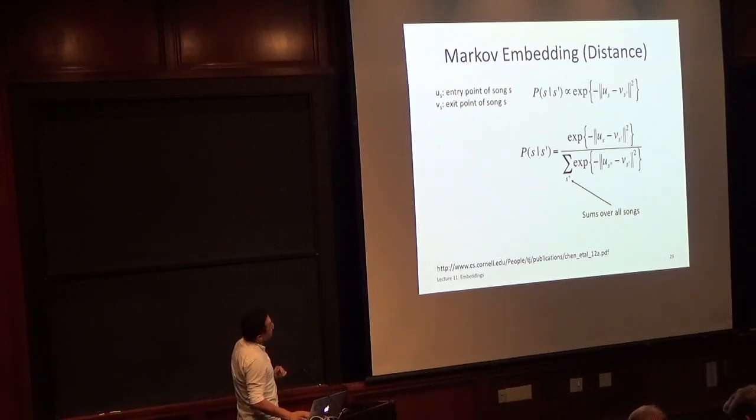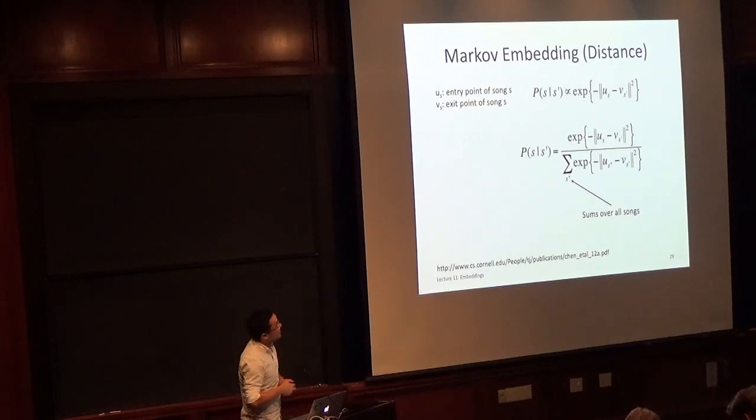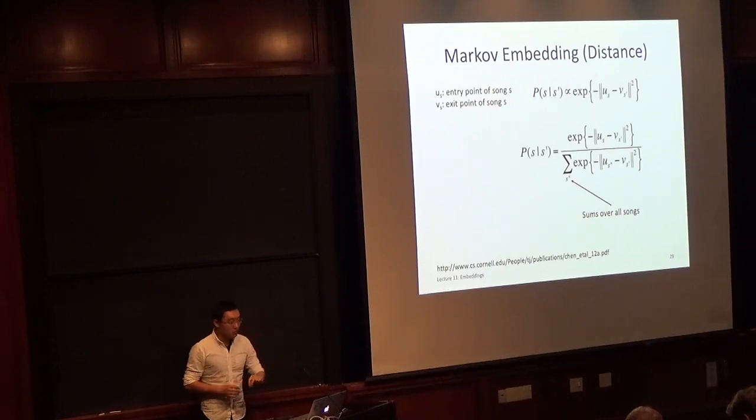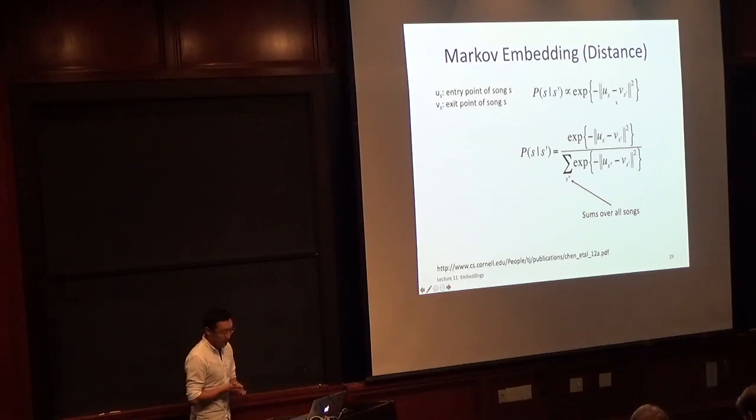The probability of observing song S conditioned on currently being at song S prime. So I'm trying to model all possible playlists. I'm going to model that as proportional to the exponential of the negative distance between u of s minus v of s prime, squared.